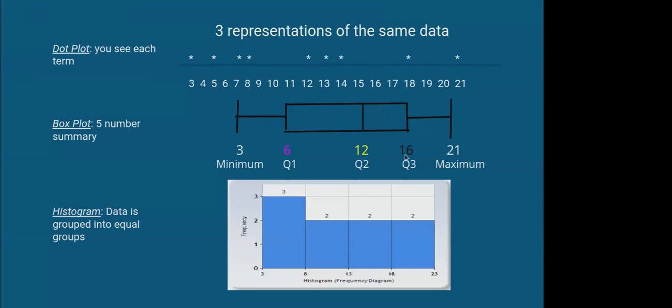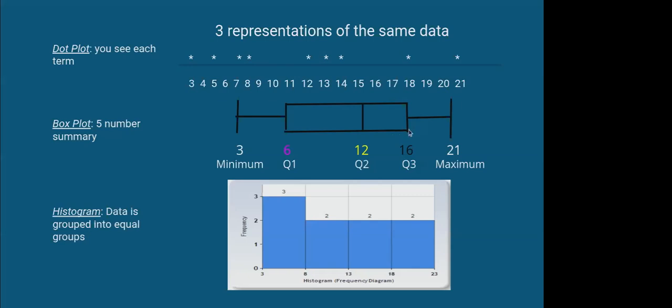Because remember, Q1 is the middle of the lower half of the data. Q2 is the middle of the data set itself. And Q3 is the middle of the upper portion of the data. So it's the median of the lower end, the median of the data set, and the median of the upper end. And those three values form the box.